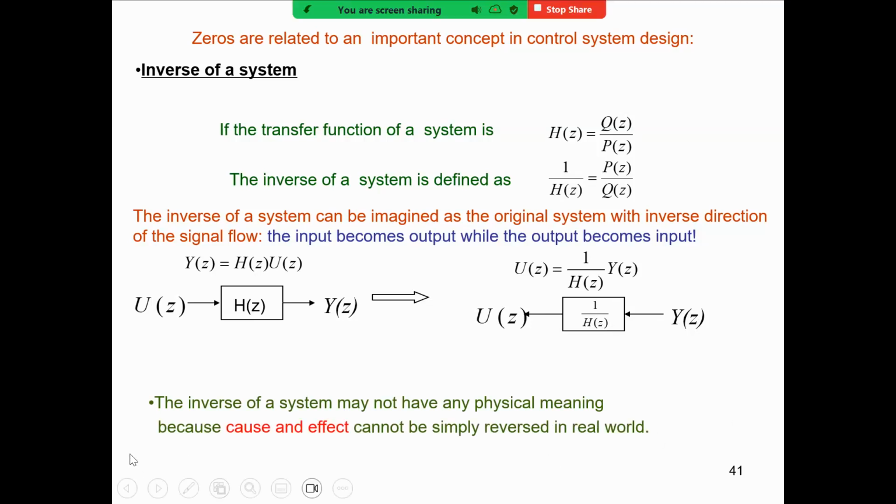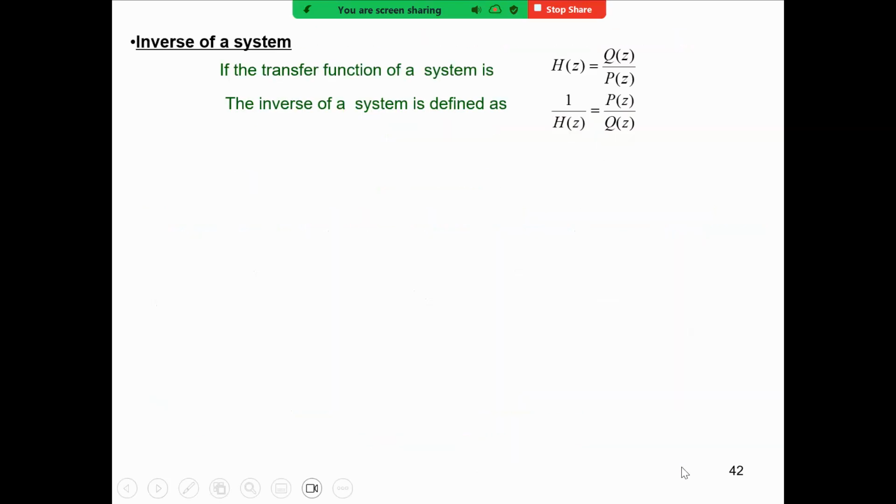Well, because of cause and effect, you cannot say the input can just become the output. No, but this is a mathematical concept which can help us for the control system design. We will need that later, but here we just introduce this one. It has some mathematical meaning.